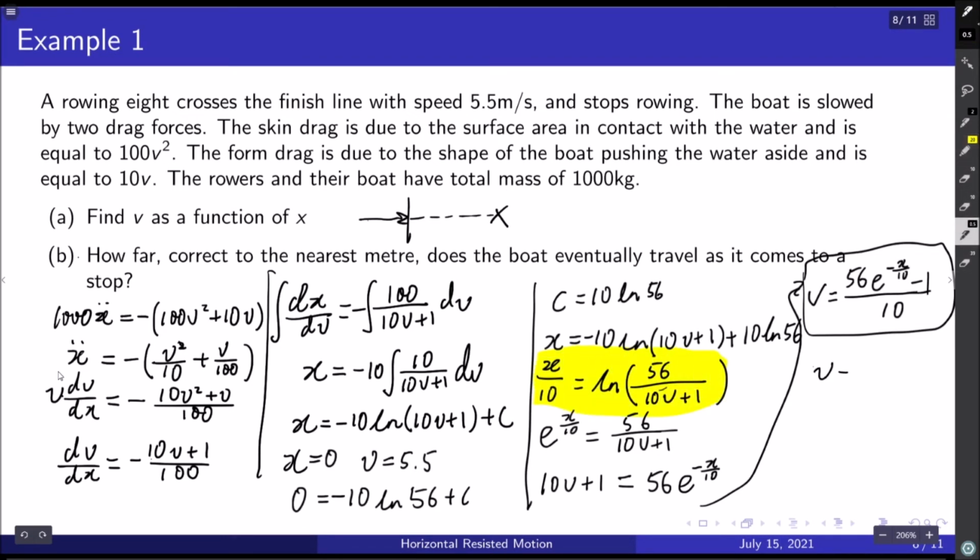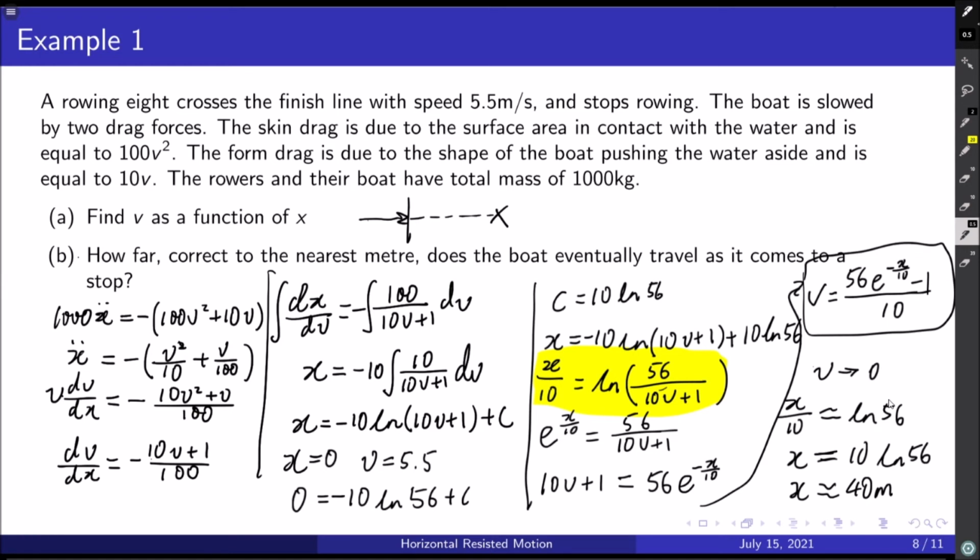So as v approaches 0, x over 10 will become approximately log 56, because the lower part disappears as v approaches 0. So x is approximately 10 log 56, which is approximately 40 meters. And that's pretty much it.